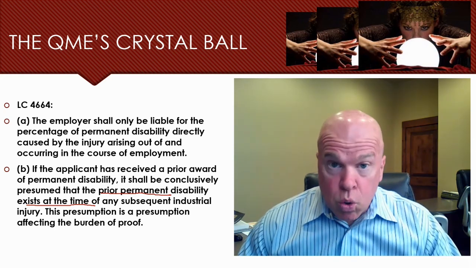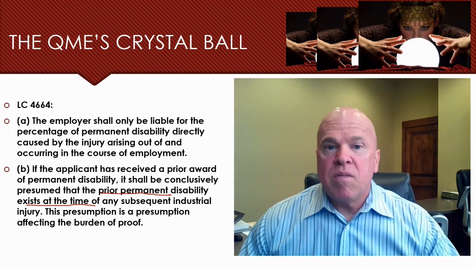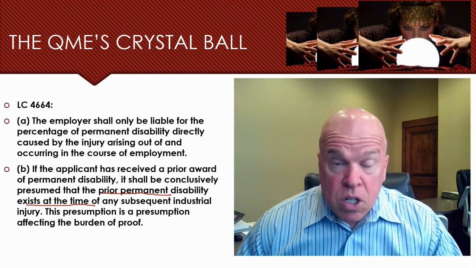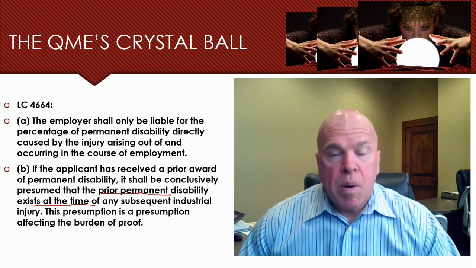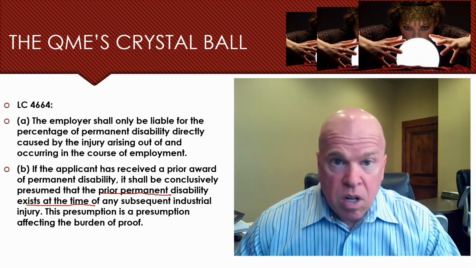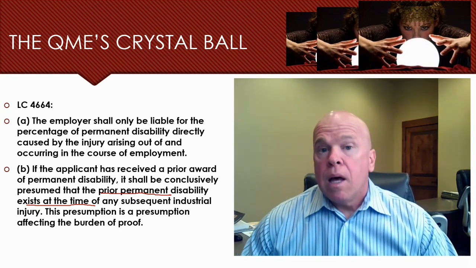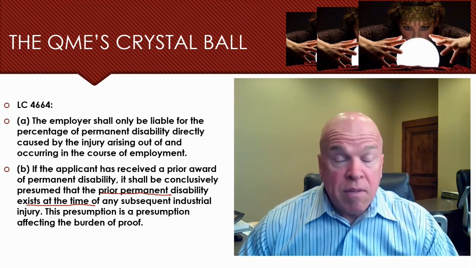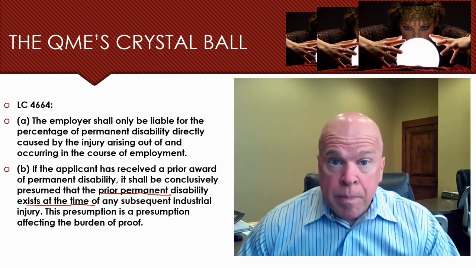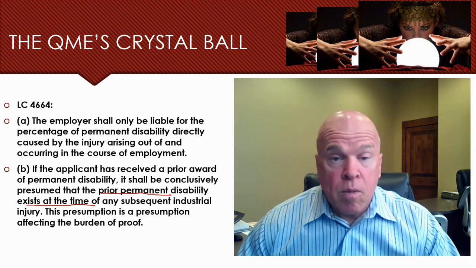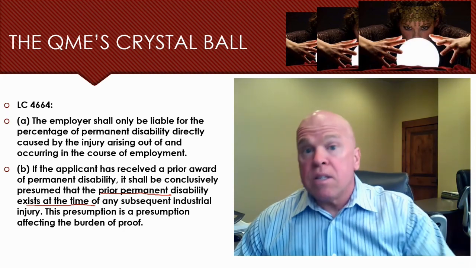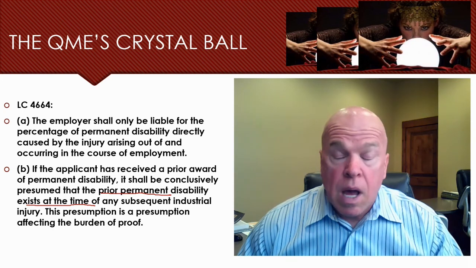And this is new. It used to be that an examinee could receive an award for a permanent disability, and then after they cashed the check for that award, they could claim a medical rehabilitation. You've probably had examinees that tell you, yeah, I had a prior award of permanent disability, but after that I lost 40 pounds, I started going to the gym, I cleaned up my diet and did regular yoga stretches, and I rehabilitated myself, and therefore when I had a subsequent industrial injury, I was perfect.